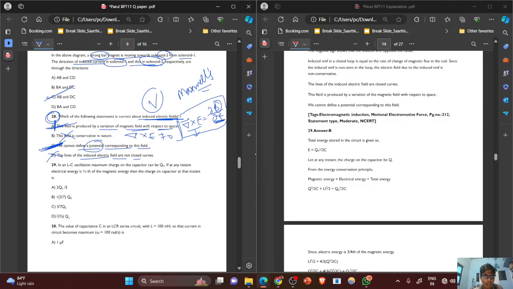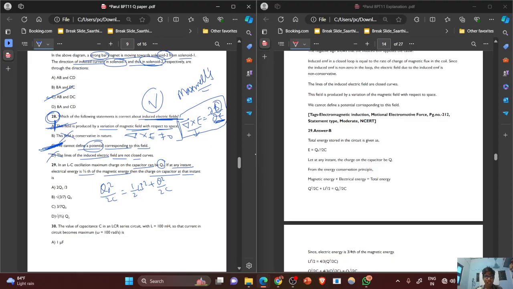Now moving ahead. In an LC oscillation, maximum charge on the capacitor is Q naught. If at any instant the electric energy is three-fourths of the magnetic energy, then what is the charge on the capacitor at this instant? The total energy is Q naught squared by 2C, which equals the magnetic energy, half L i squared, plus the electrical energy, Q squared by 2C.